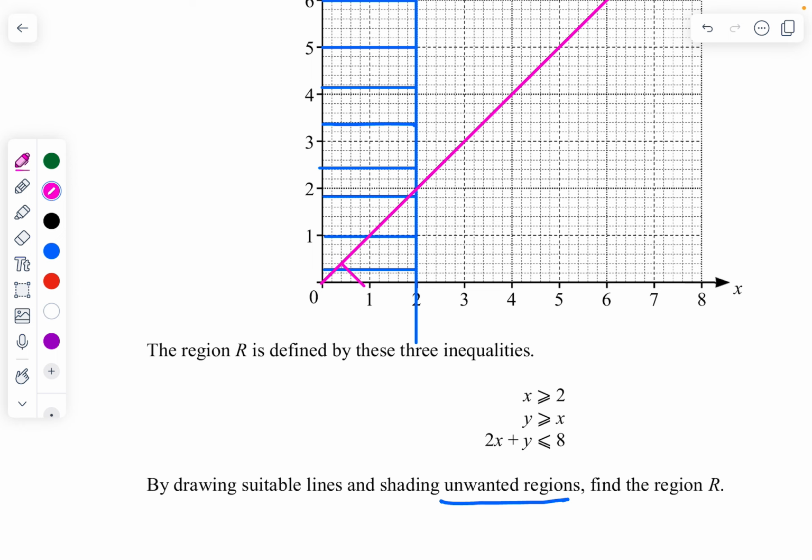So this is the region, y is less than or equal to x.